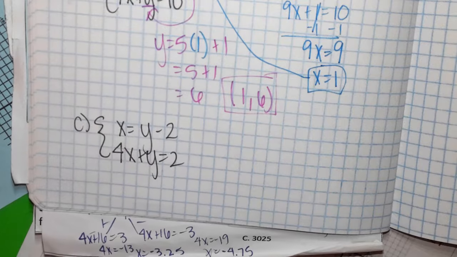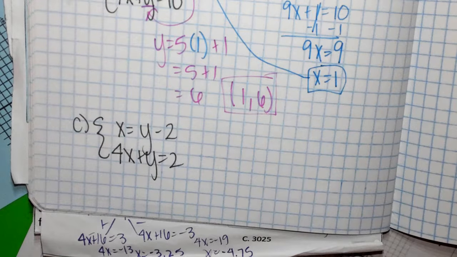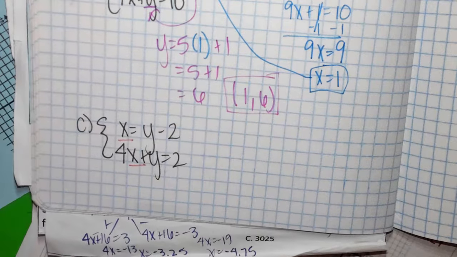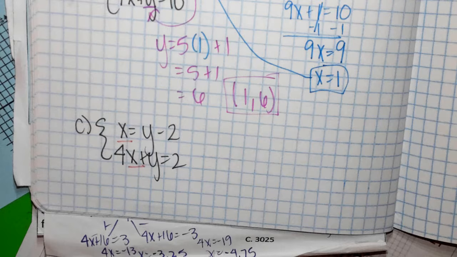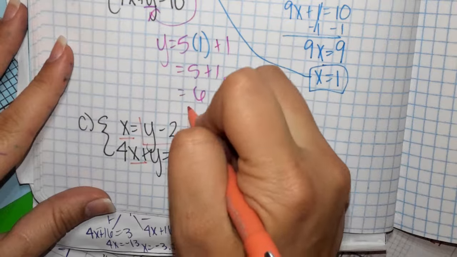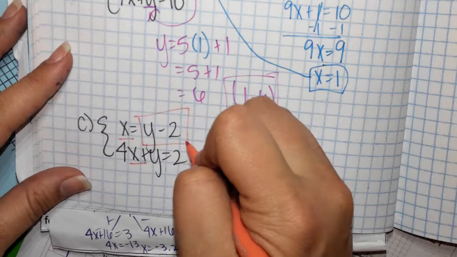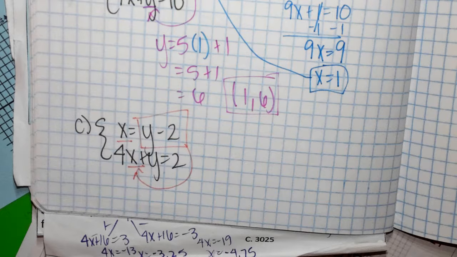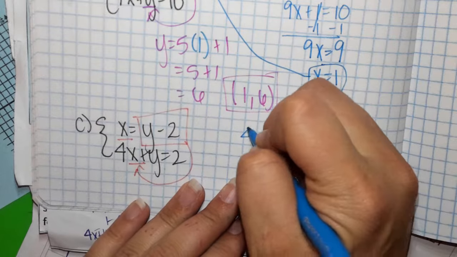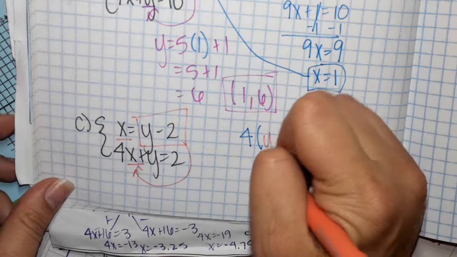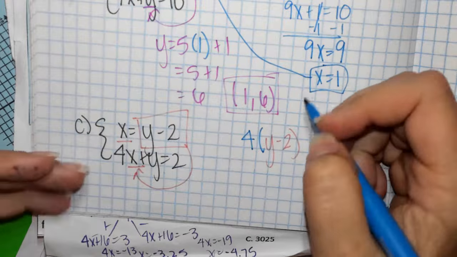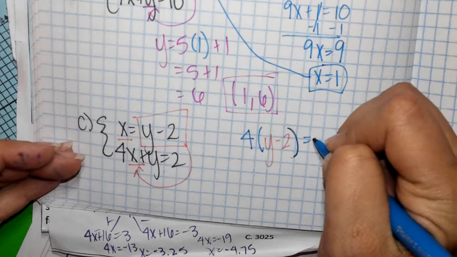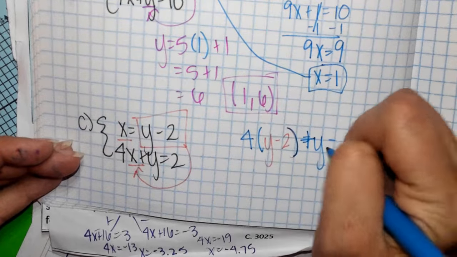All right, now what's different about this problem? X is what's by itself, right? Underline our X here and our X here. We're doing this one together. Now X equals Y minus 2, so that's what we're going to plug in for X. So we're going to write 4 times Y minus 2 plus Y equals 2.